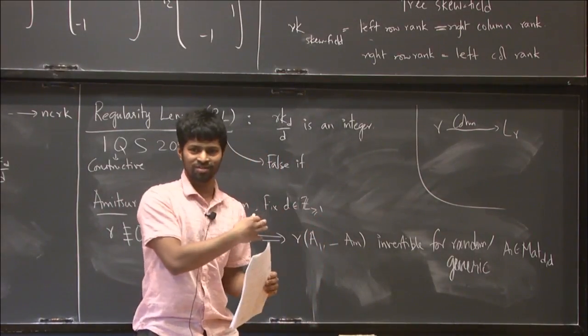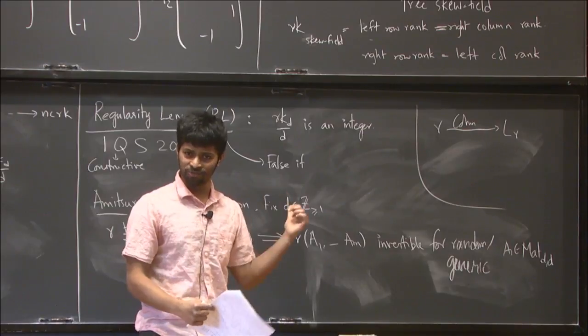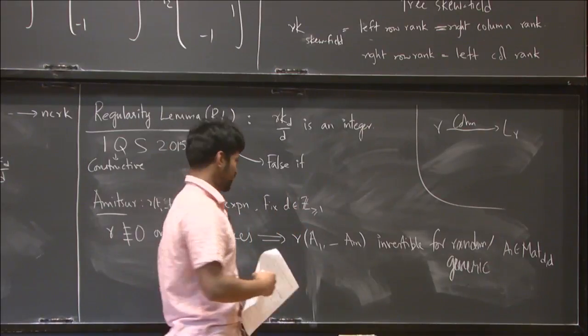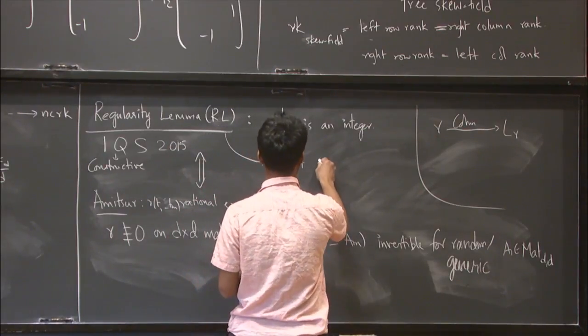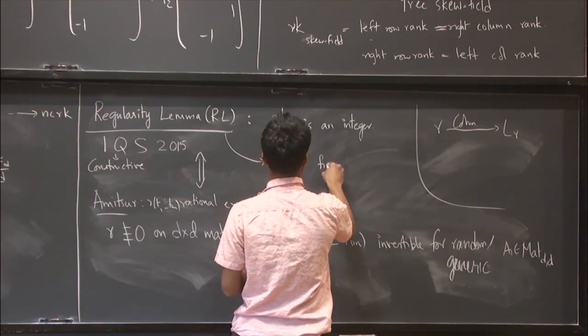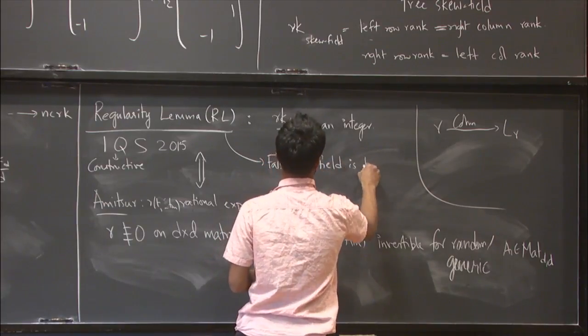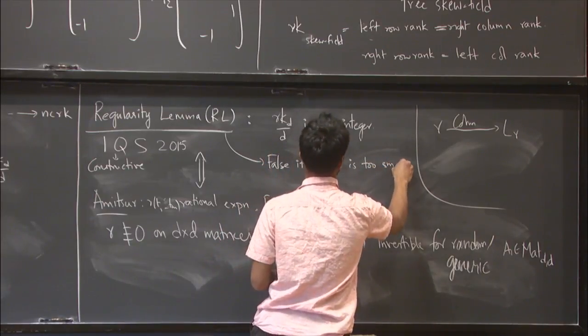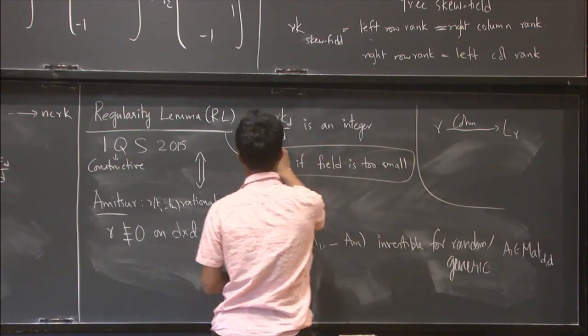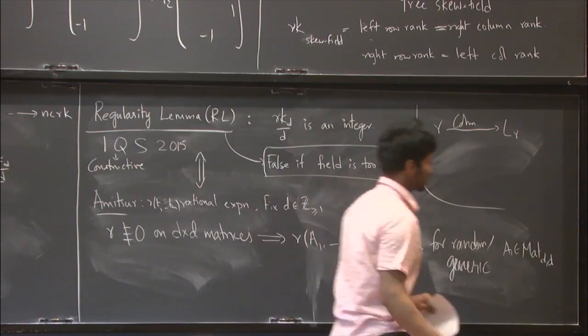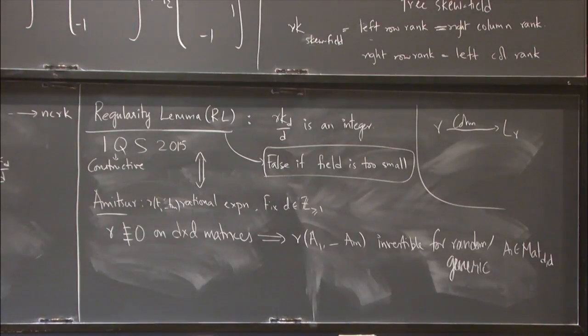But there's a priori no reason for it to be false when the field is small, but it is false if the field is too small. Okay, so these are the two things that I might talk about if we have time.